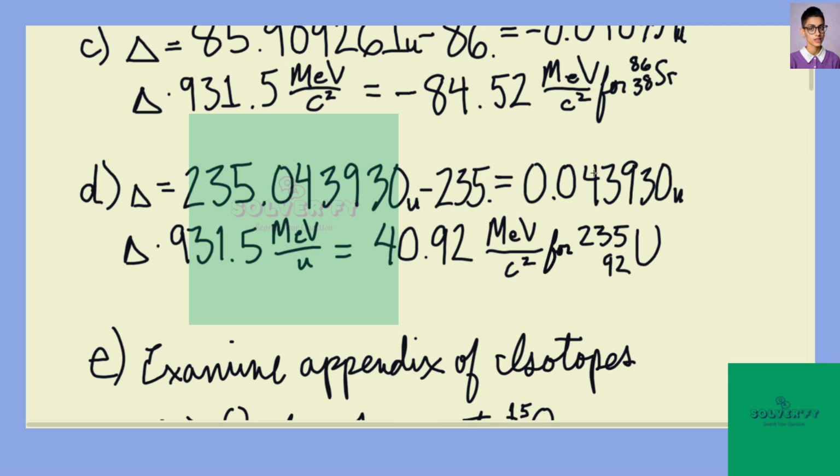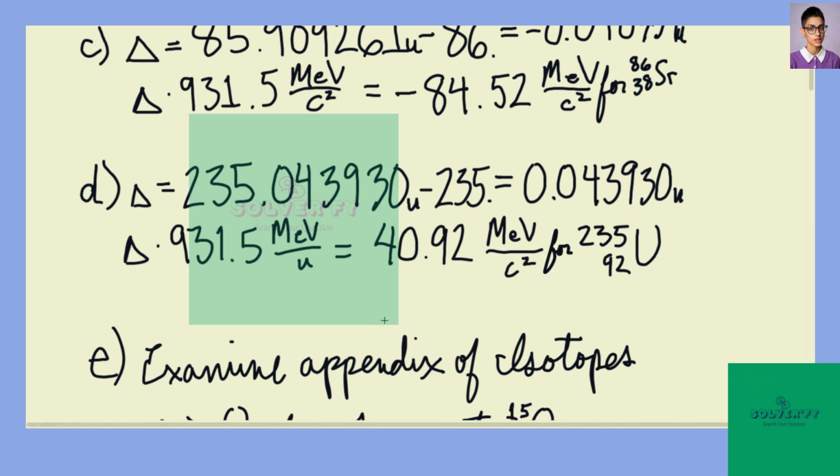It's 0.043930 atomic mass units. We multiply the mass excess in atomic mass units by our conversion factor of 931.5 mega electron volts per atomic mass unit, and we end up with 40.92 mega electron volts over the speed of light squared.